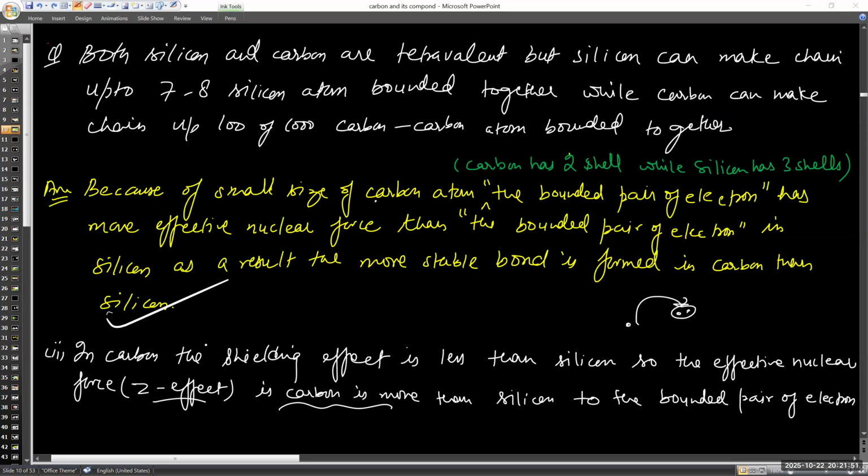The shielding effect in carbon is less than in silicon. So the effective nuclear force, which is called Z effective, in carbon is more. That means the positive charge experienced by the outermost shell electrons in carbon is more as compared to that in silicon. You got it?